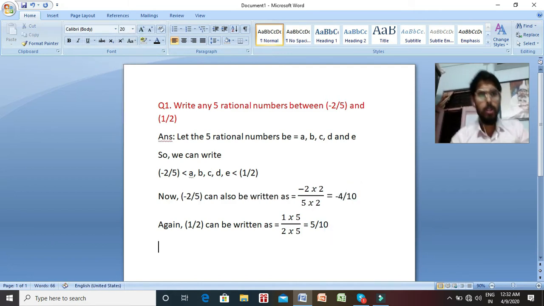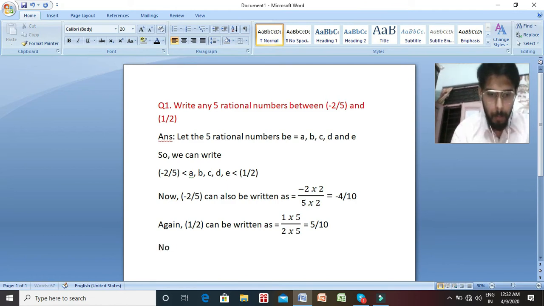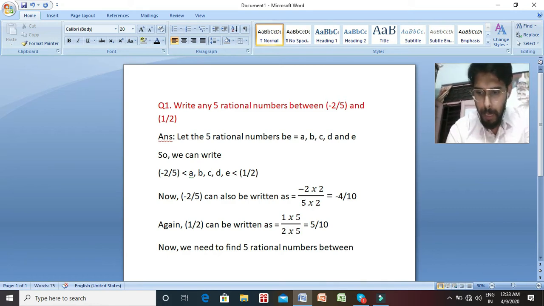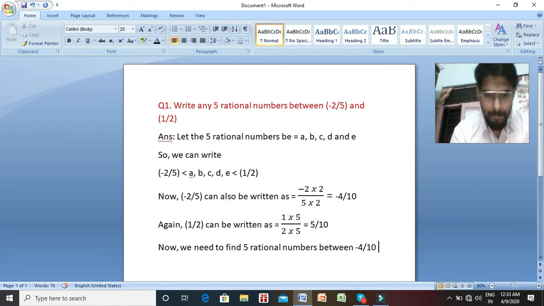Okay, so now we need to find 5 rational numbers between minus 4 by 10 and 5 by 10.